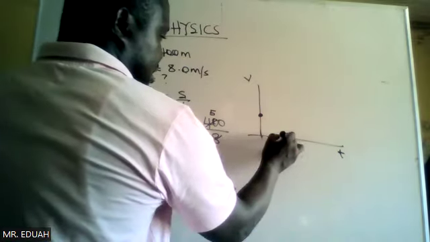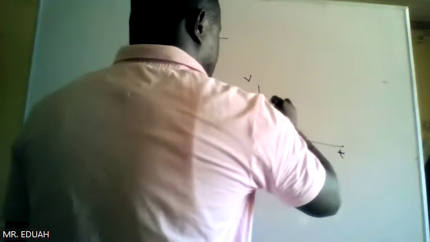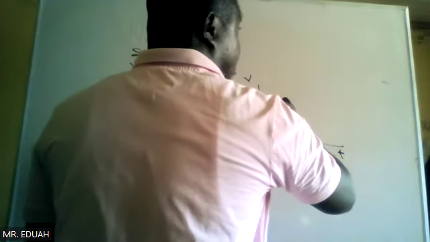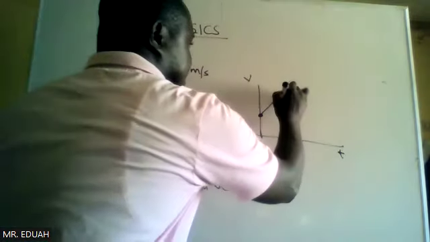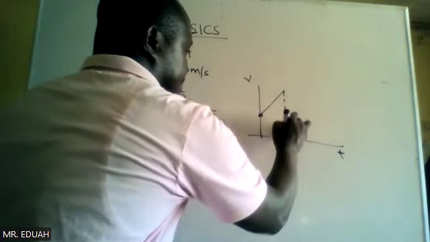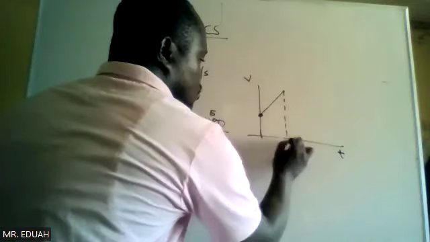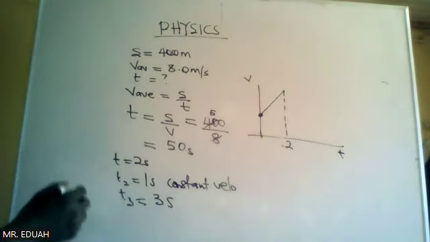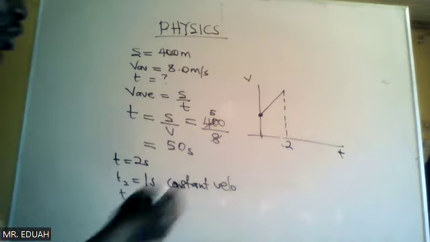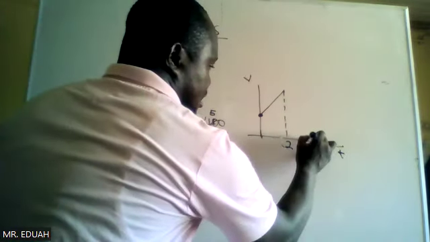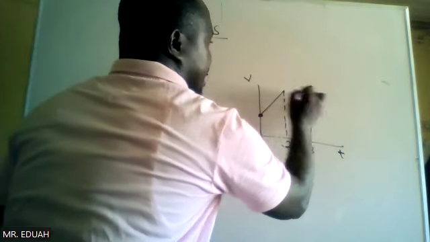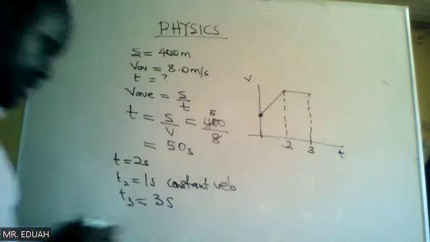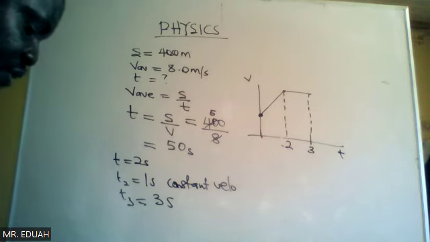So this must be 2, the point where we had a uniform acceleration. Then within 1 second, it had constant velocity. So 3, and this is where we have a constant velocity.